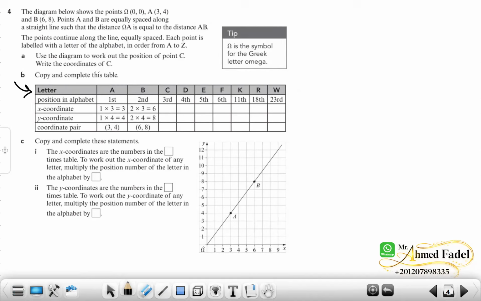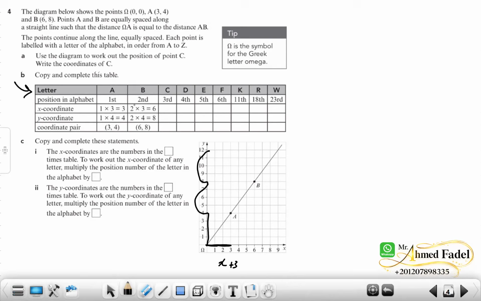Every time you increase the letter in x, you add 3. But every time you go up in y, you add 4. So add 4, then add 4 again, and so on.